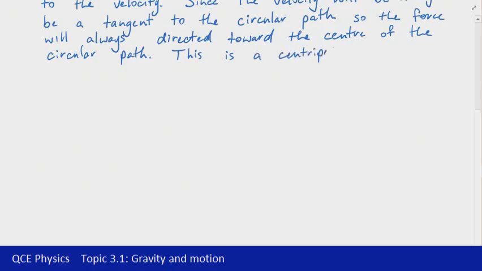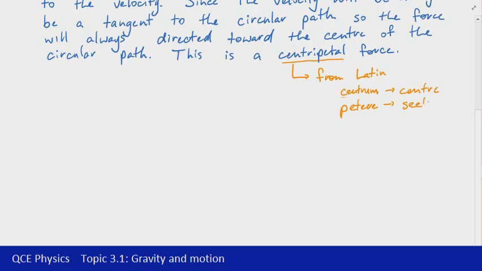So, as I said, that word centripetal comes from two Latin words. The first part is centrum, which means center, and the root of the second part of the word here is petere, which means seeking, or to seek.